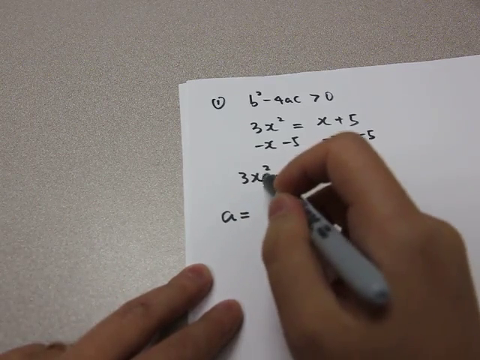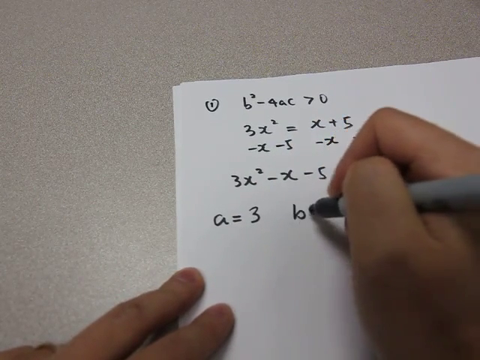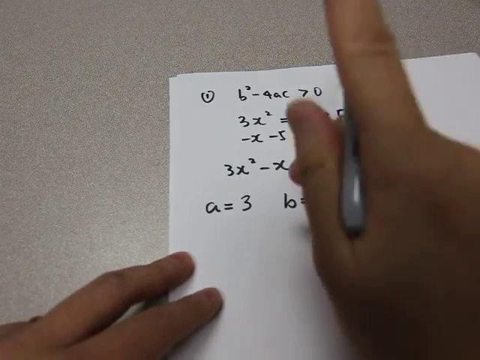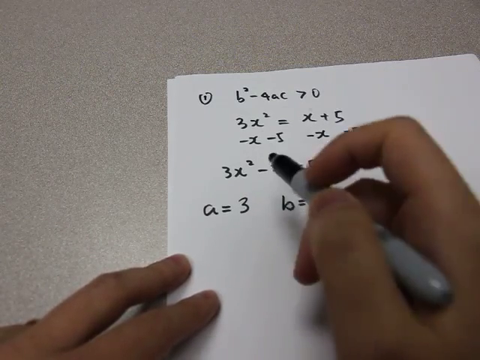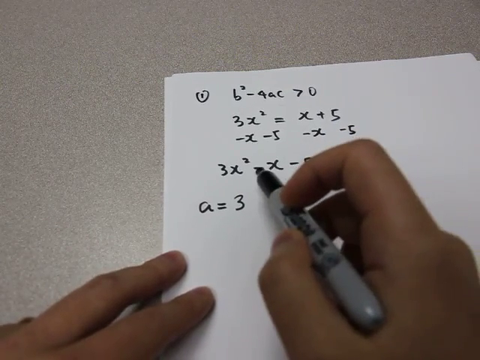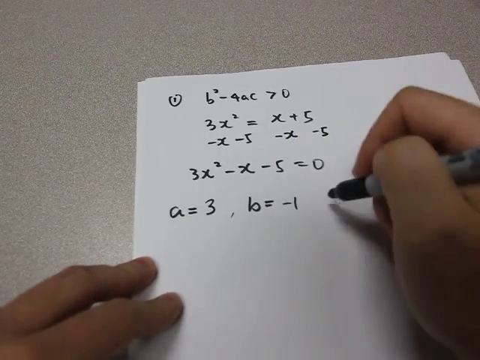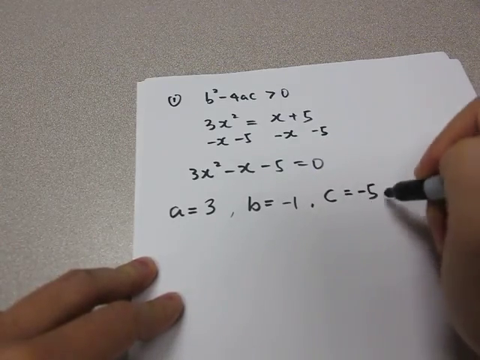A is the coefficient of x squared, so A is 3. B is the coefficient of x. And remember, if the coefficient is a negative number, you must include the negative sign. Therefore, here B is -1, and the constant C is -5.